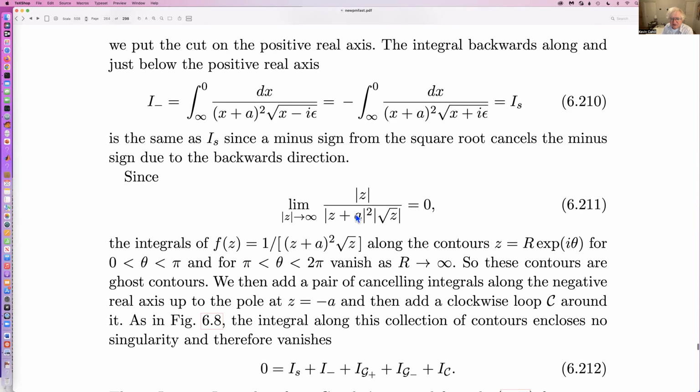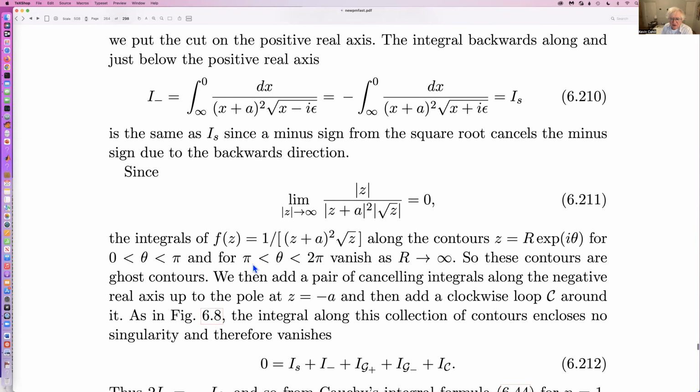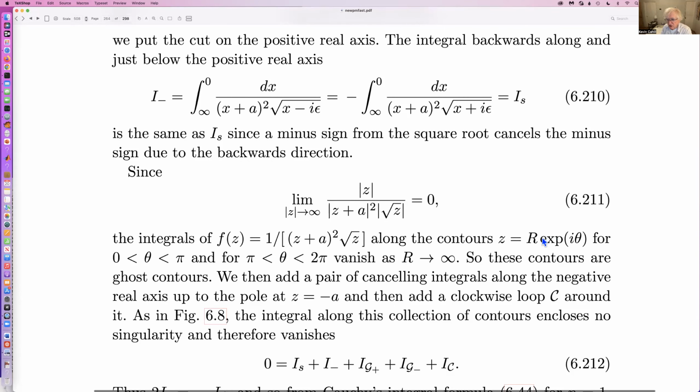And we can then take the limit z going to infinity of z over, basically saying that we can add a ghost contour. And so what we're going to do is integrate f of z along this contour from 0 to pi, and from pi to 2 pi.